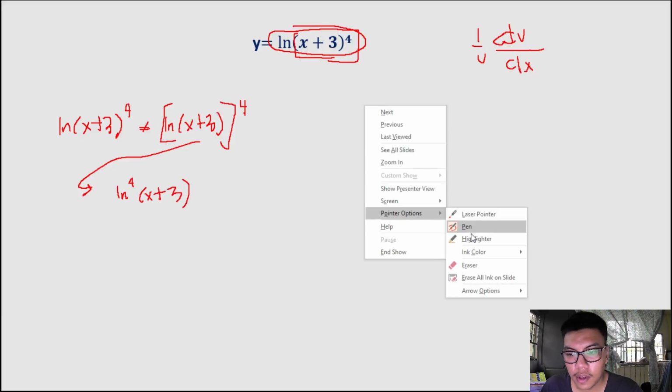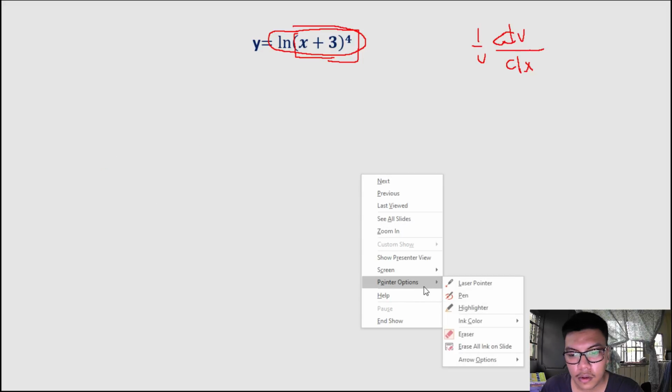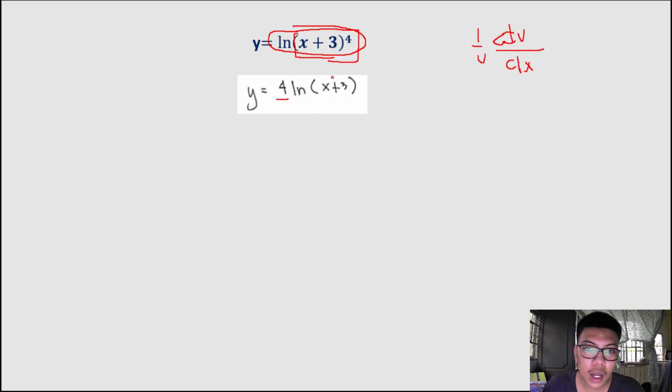So, now, let's have the derivative. So, 1 over u we have. Okay, so, applying the properties of logarithm, so we have 4 ln x plus 3, ano? So, para hindi ka mahirapan. Naalala ba yung ano, pagka mayroong exponent, yung ating logarithm, ibababa lang natin, no?